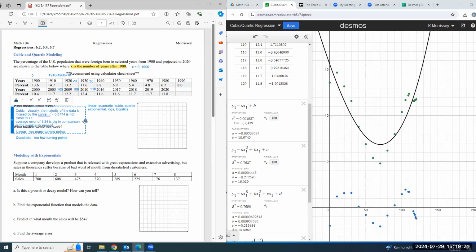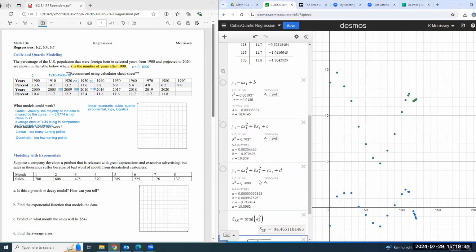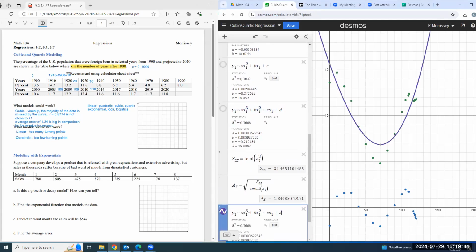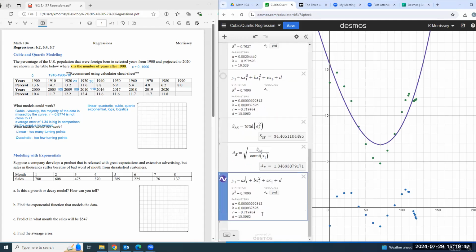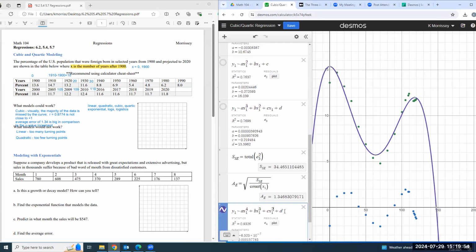So now let's try it again with a quartic model. We will go ahead and deselect your cubic, and we're going to graph another one. If you want, you can also copy and paste some of these values, because all we're doing is changing your exponents. So we're going from 4 to 3 to 2 to 1.